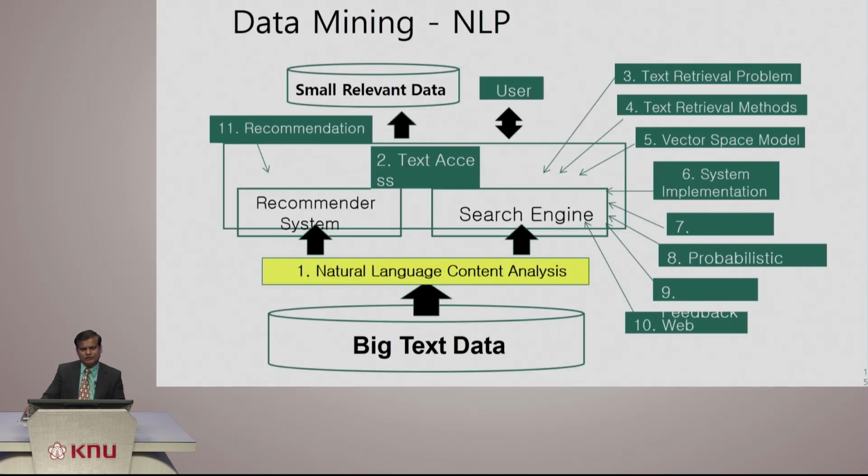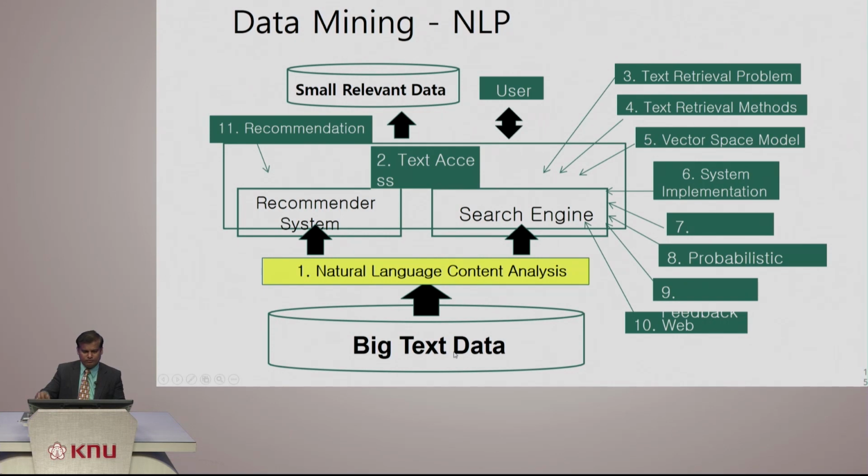So here is the process of data mining in NLP. We have this big text data, and with this text data we are going to see various natural language content analysis can be done, and accordingly you can do the recommendation process, you can also do the search process, but the main objective is to retrieve the small relevant information from the big text data, right.